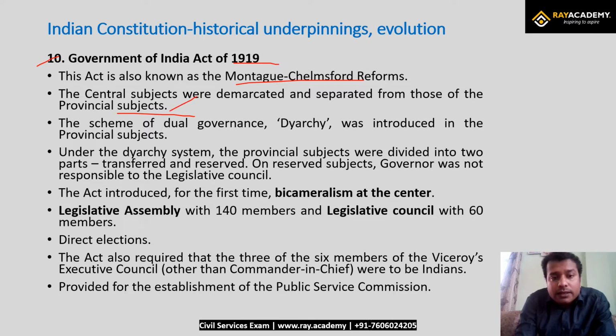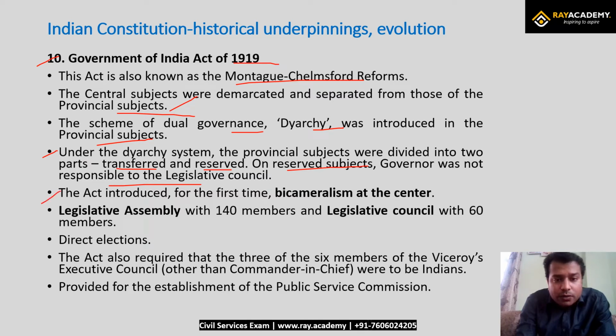The scheme of dual government, that is the diarchy system, was introduced in the provincial subjects. Under the diarchy system, the provincial subjects were divided into two parts. One is transferred and another one is reserved. On the reserved subjects, the governor was not responsible to the legislative council. The governor can exercise prerogative discretionary power.